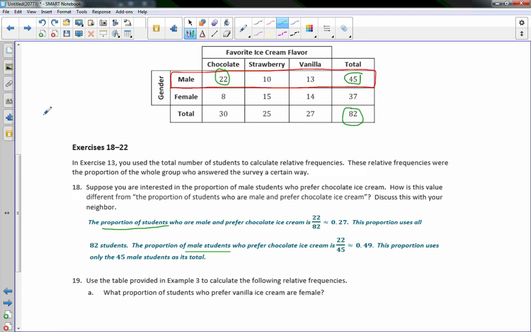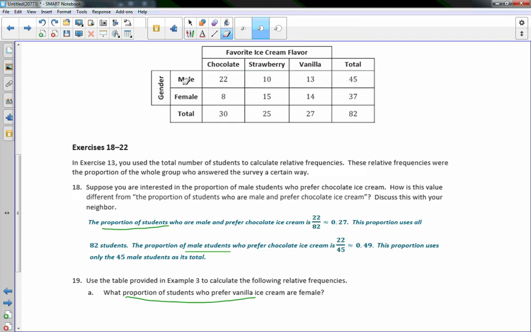Exercise 19. Use the table provided in example 3 to calculate the following relative frequency. What proportion of students prefer vanilla ice cream? So the proportion of students who prefer vanilla ice cream. Let me erase all this stuff here. Hang on.